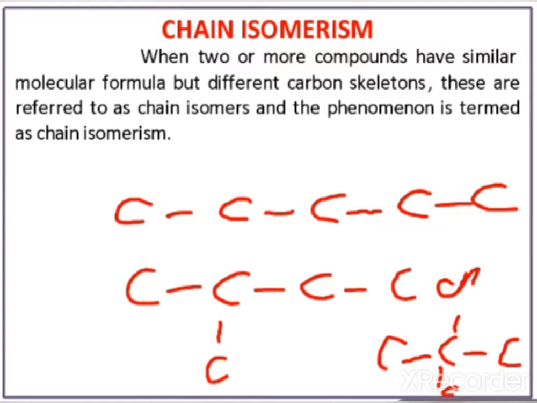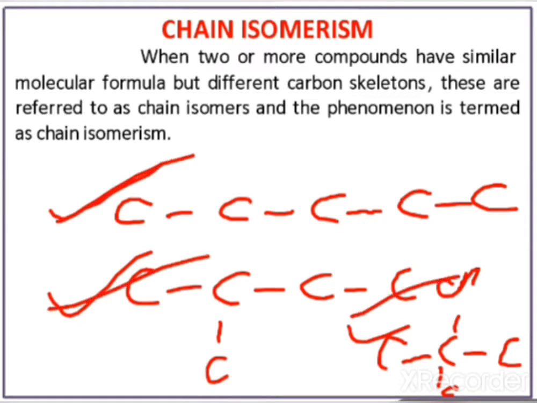So here we have 3 different structures or 3 different skeletons of carbon atoms. This type of compounds are known as chain isomers, and the phenomenon is called chain isomerism.